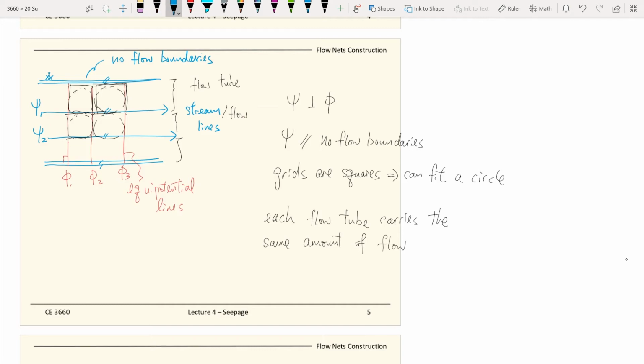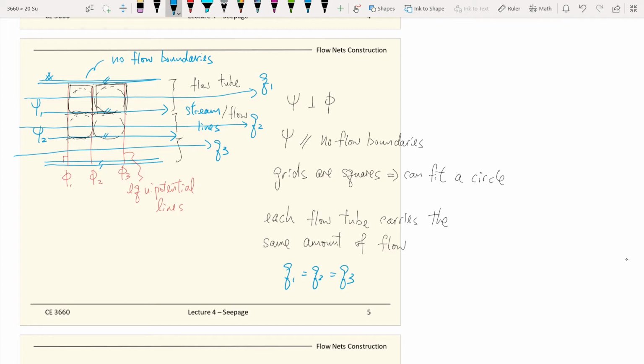Which means here you carry a Q1, here you carry a Q2, here you carry a Q3, and then Q1 equals Q2 equals Q3. So those are some basic principles when we construct the flow net.